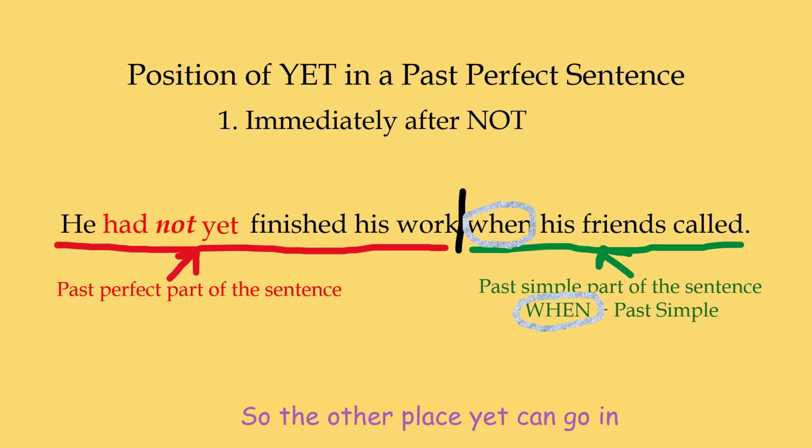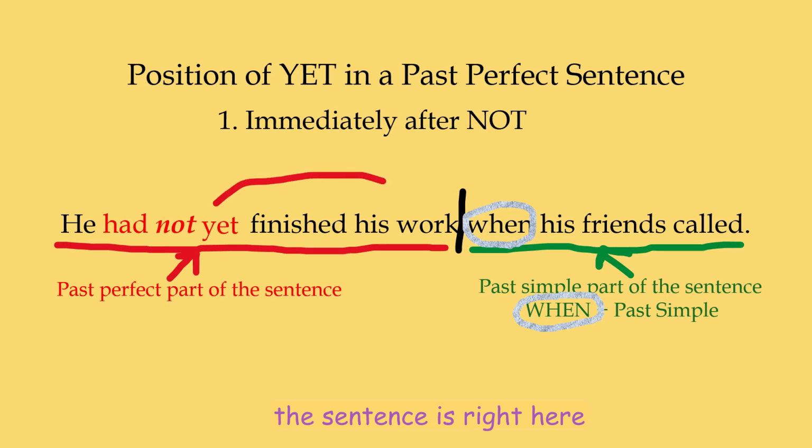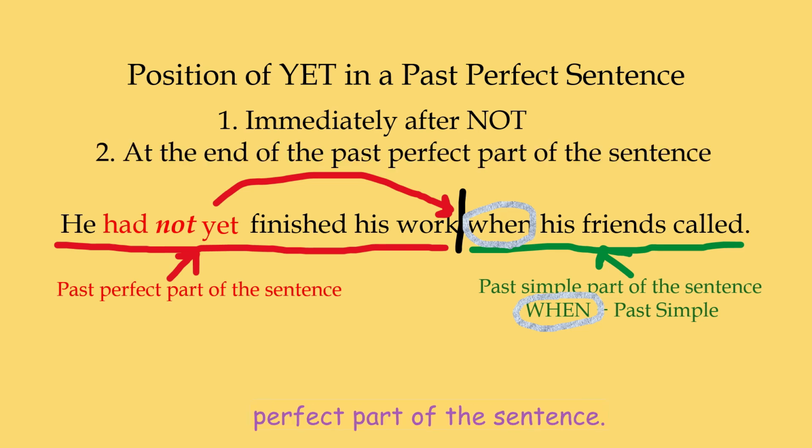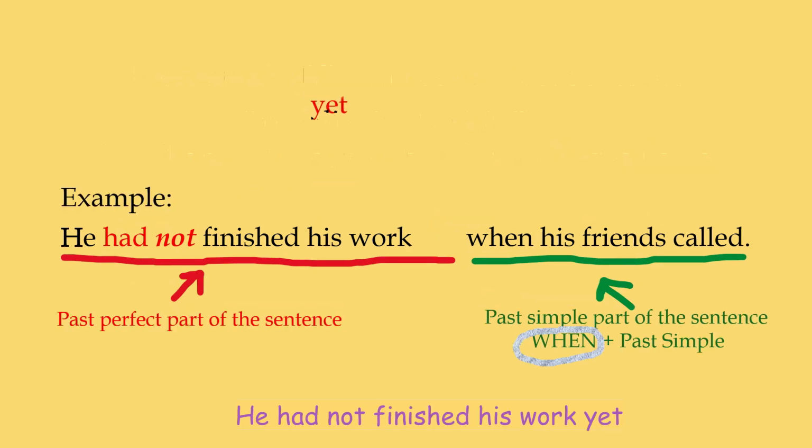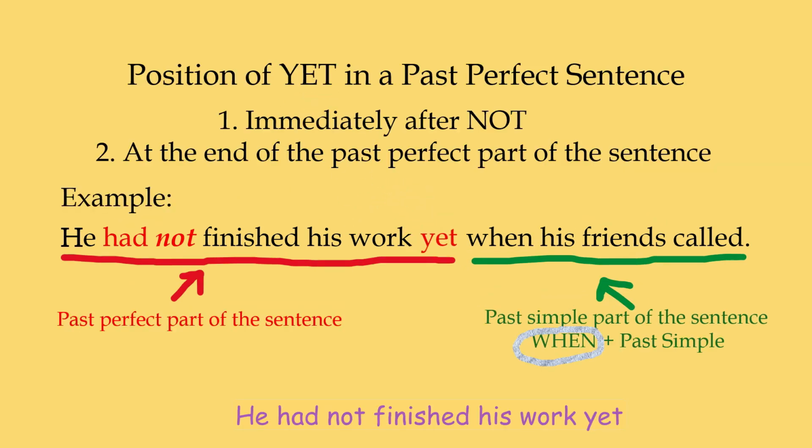So the other place yet can go in the sentence is right here, before the connecting word when, and at the end of the past perfect part of the sentence. So the sentence will read, he had not finished his work yet when his friends called.